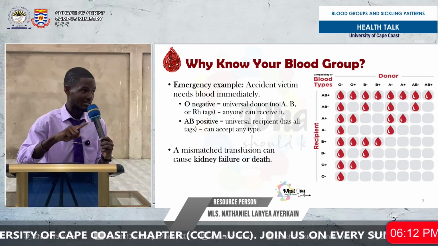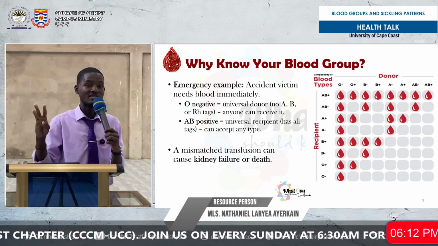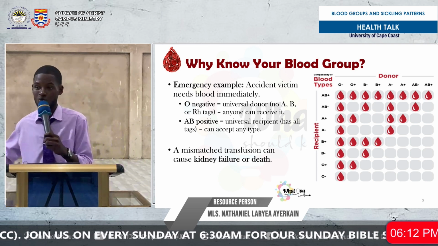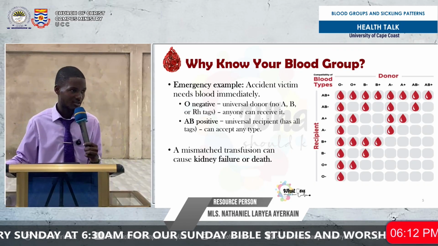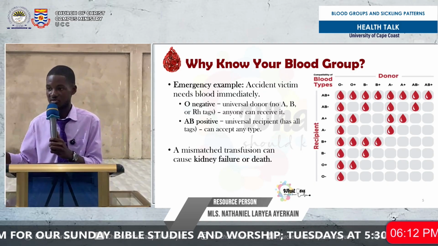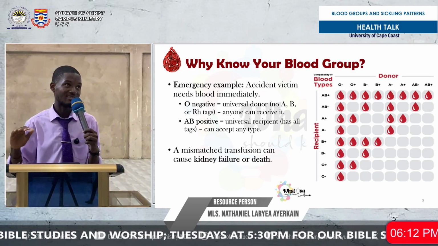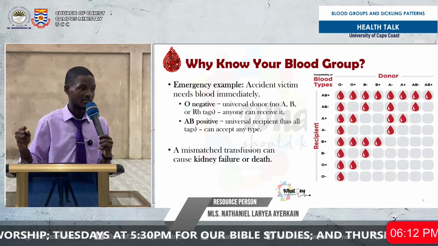It has the A tag, it has the B tag, and it has the resource tag. That means that whatever blood is coming to it, whether it has the tag or not, it is okay. Are we clear? So people who are AB positive are universal recipients. As for them, unless the blood isn't engine oil, it will work in them, right?